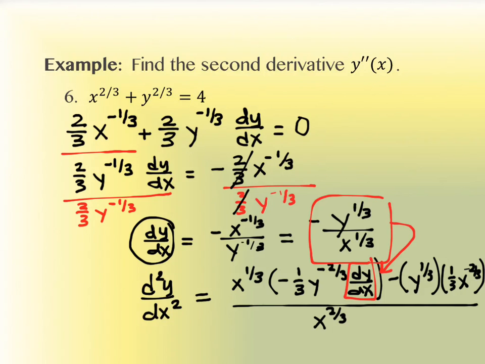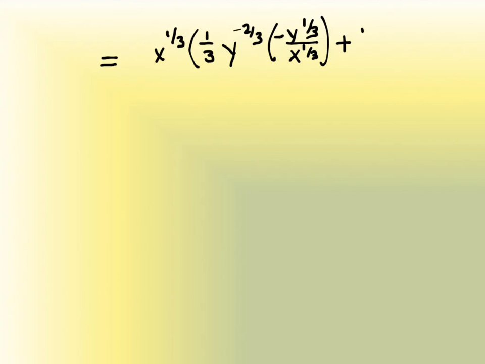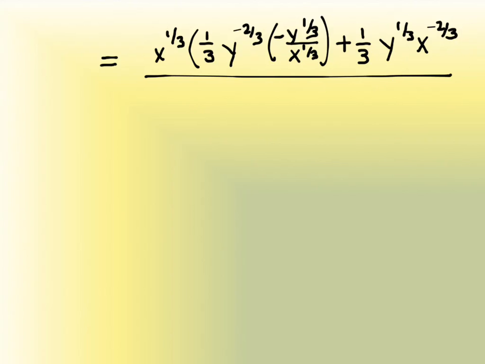Then I have a plus because I have two negatives. Y to the 1/3, so I've got 1/3 y to the 1/3 and x to the negative 2/3, all over x to the 2/3.